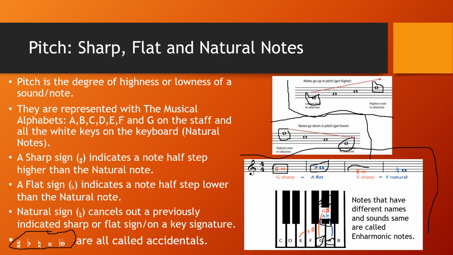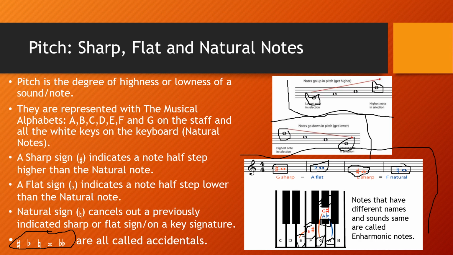Another example here is the note E having a sharp indicator, which makes it E sharp. And another one here, F, having a natural note indicated, which makes it what? F natural. So we can say E sharp is equal to F natural. This is our key of E. Going a half step higher, we have what we call the E sharp.